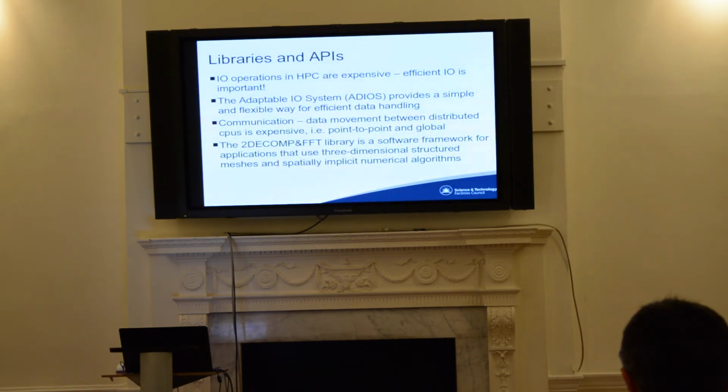So one library that enables some level of abstraction from the difficulties in implementing efficient parallel I/O is the ADIOS, Adaptable I/O system. And that again is open source and very widely used throughout the world, really.